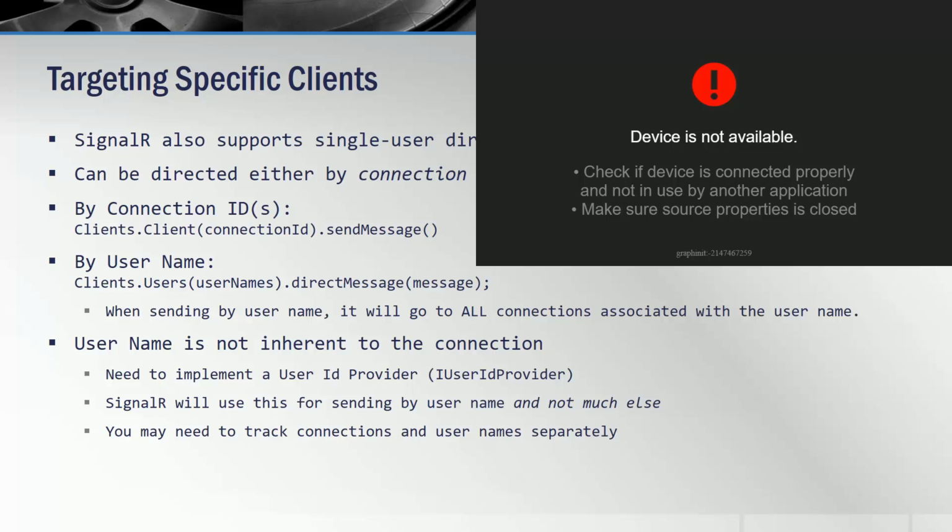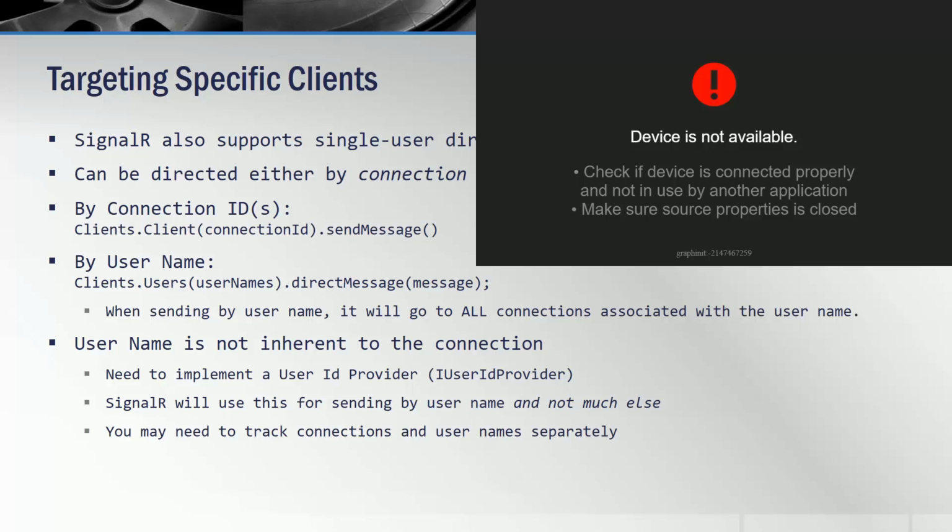Now, the user ID is a construct where you have to tell SignalR how to determine what the user ID is for a specific connection. And you do that using a user ID provider. We'll see this. SignalR will use this for sending by username, and very honestly, not much else.